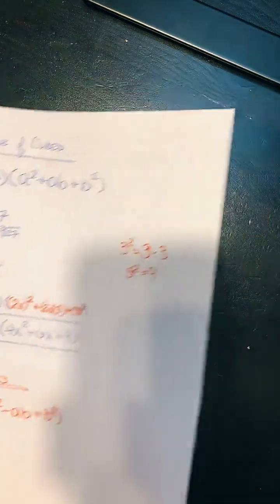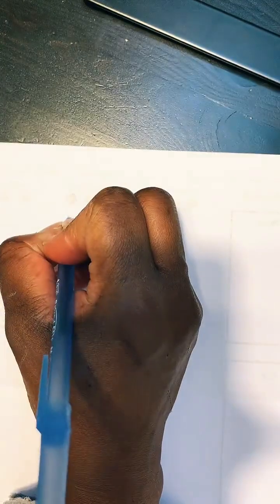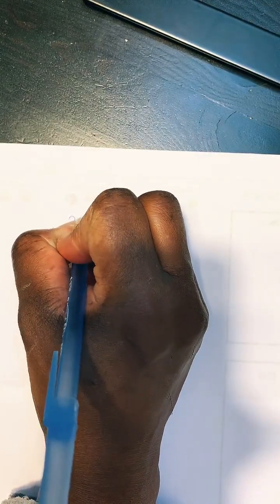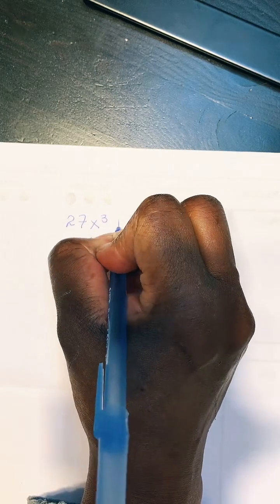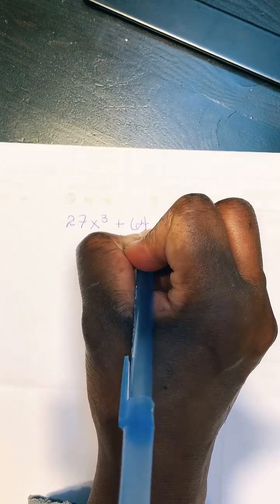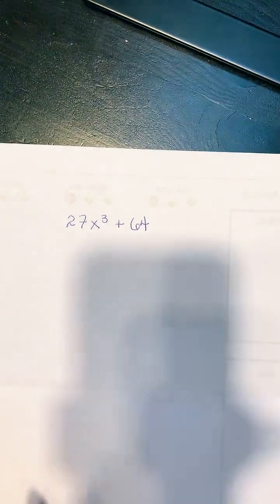I could do one. Okay. So if I have 27x cubed plus 64, I'll just say 64.